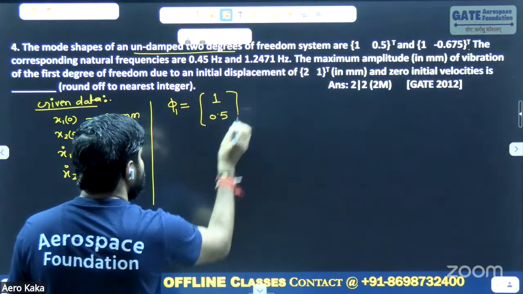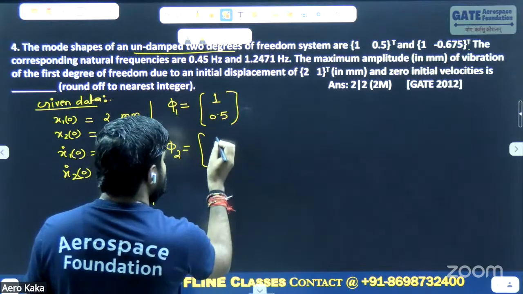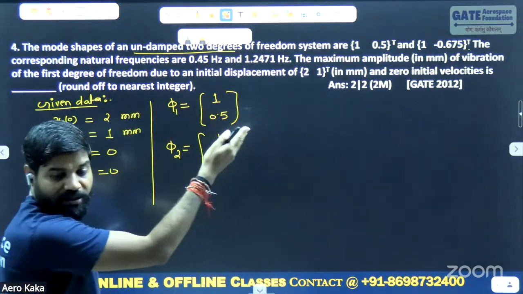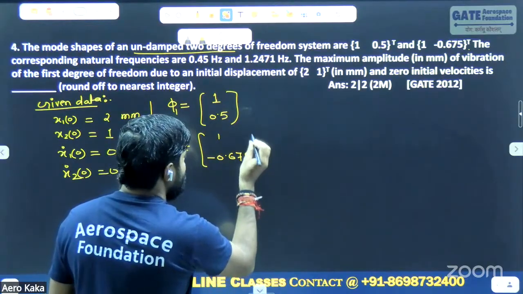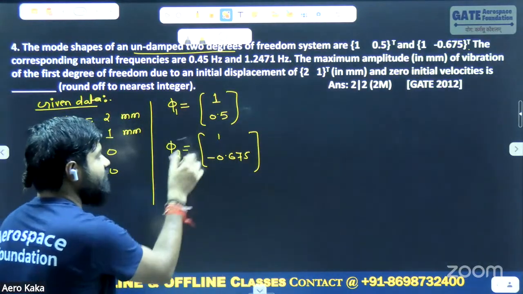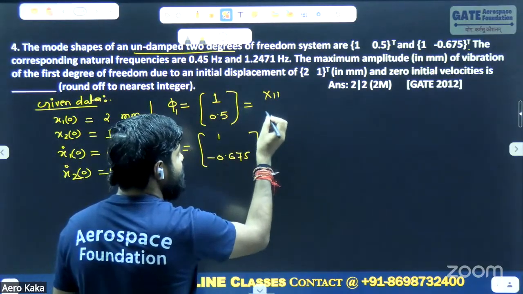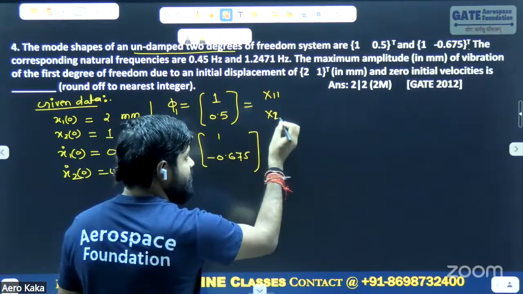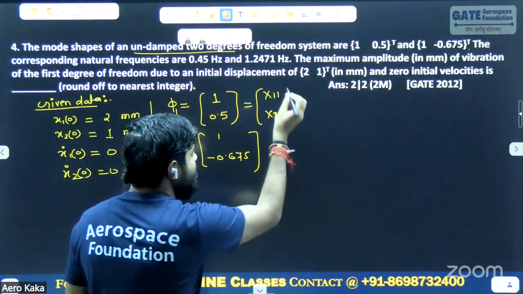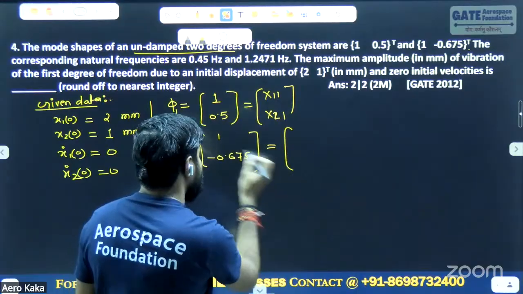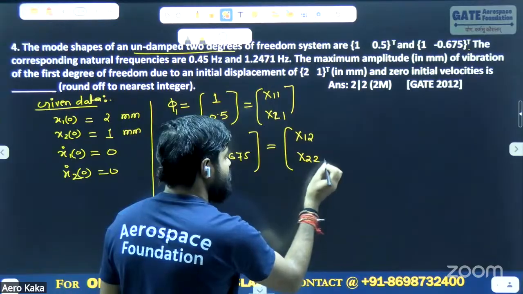And phi2 is, it's not 1 upon, it's a matrix, 1 minus 0.675. And you know very well how we have defined this phi1 and phi2. This is x11 and x21, not x12. And this is x12 and x22.